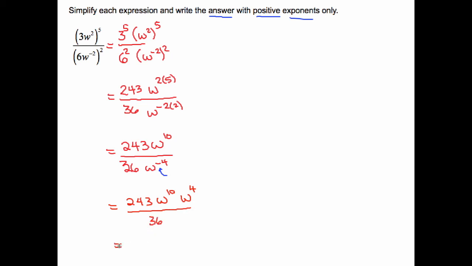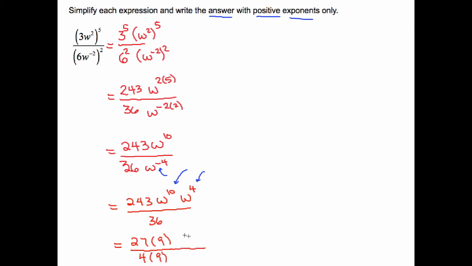Almost done. The only thing left to do is to see if we can reduce the fraction, and also see if we can go ahead and take these like bases that are multiplied and turn around and add the exponents. Well, it turns out 27 times 9 is 243, while 4 times 9 is 36.